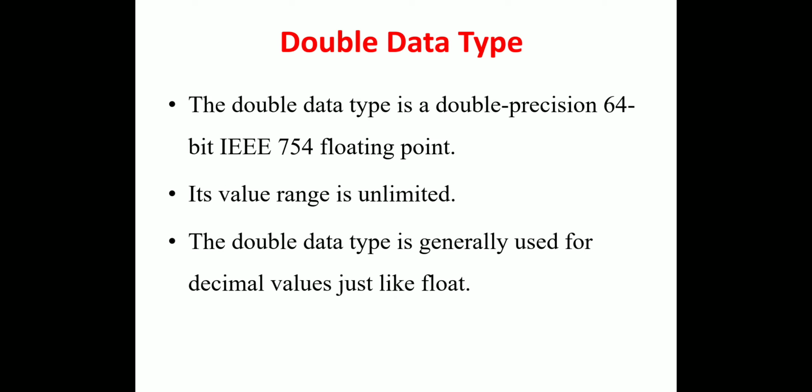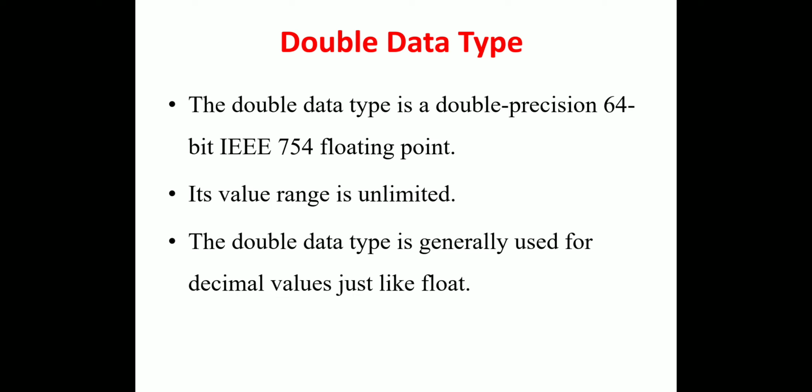Next is the double data type. This data type is a double precision 64-bit IEEE 754 floating point. The double data type is generally used for decimal values, just like float.